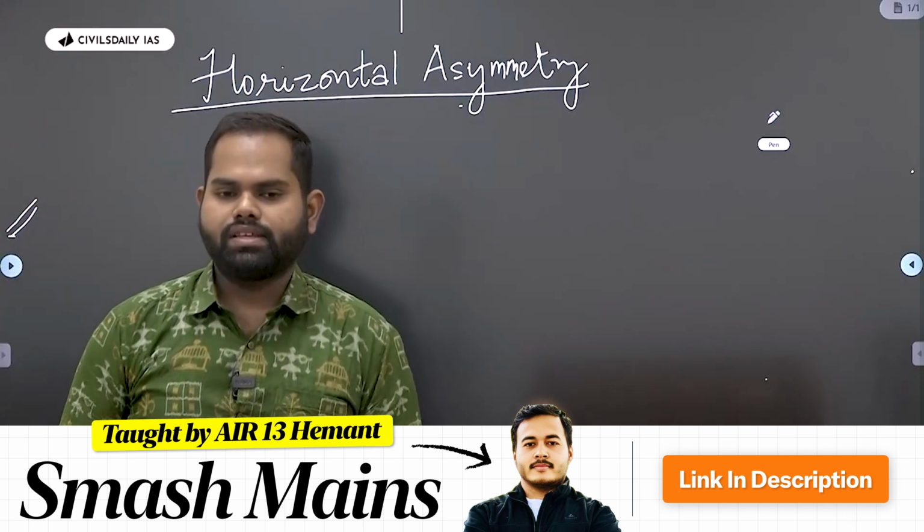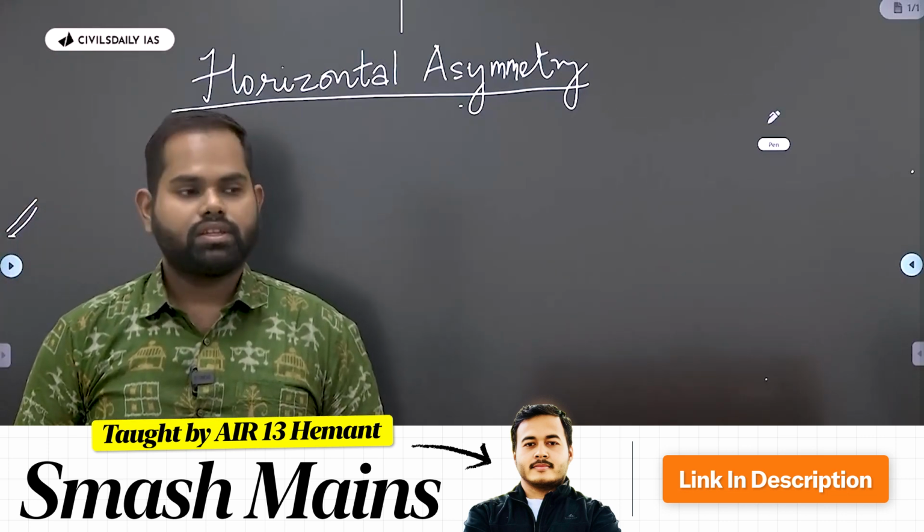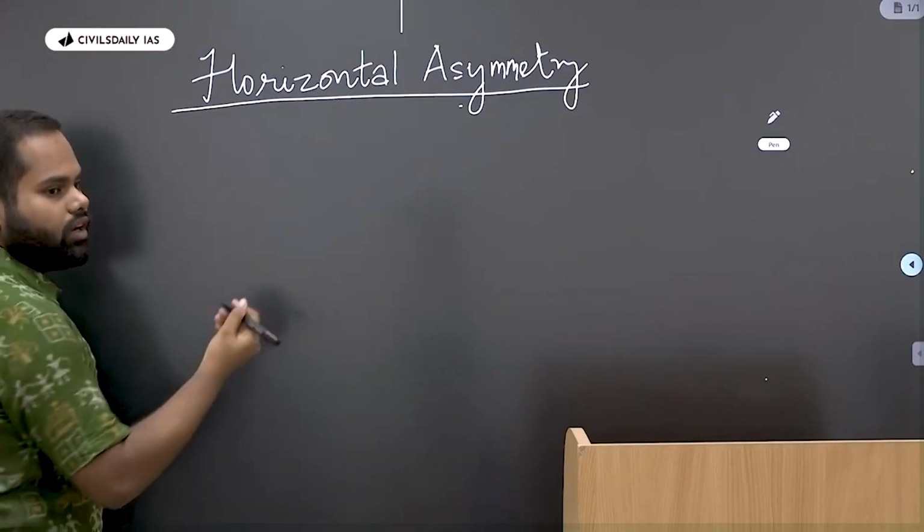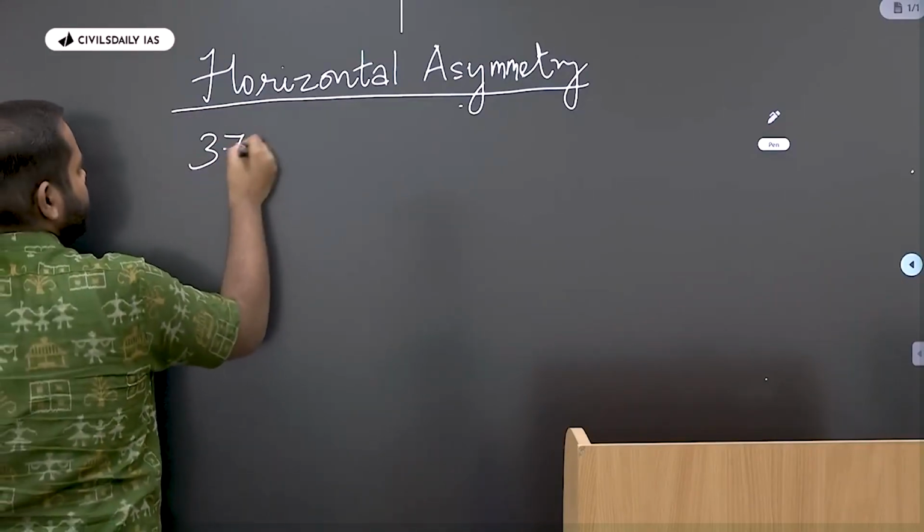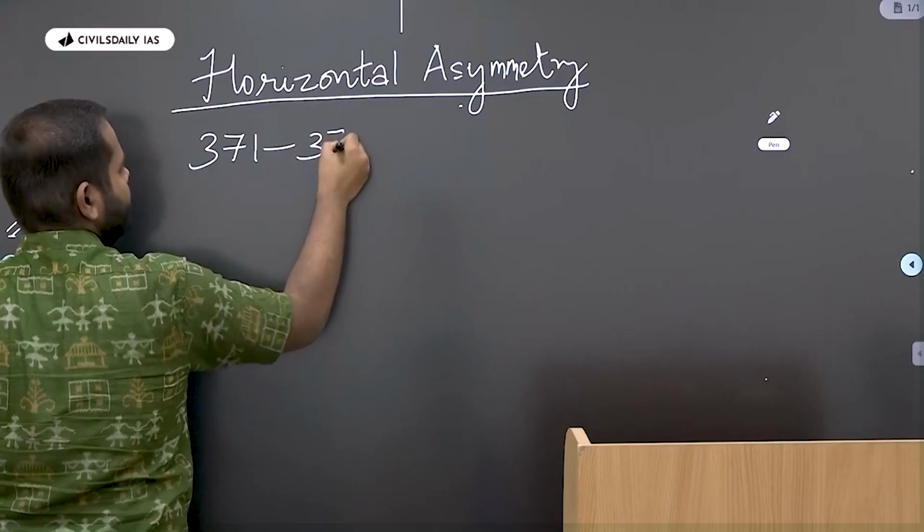How there's an imbalance in power between the states? 371, what? 371 J tak.